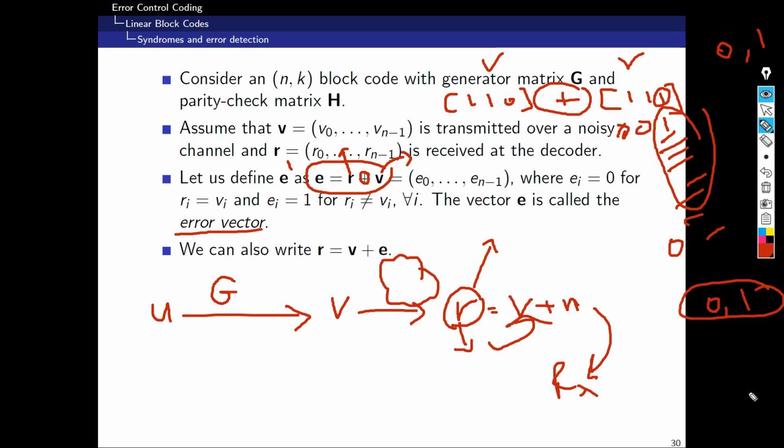You can correct it using this simple method only if you are using binary digits, 0 or 1. If you are not using binary digits, you cannot correct it using this simple method. So we can also write the received vector R is equal to V, which is the code word, plus the error E.